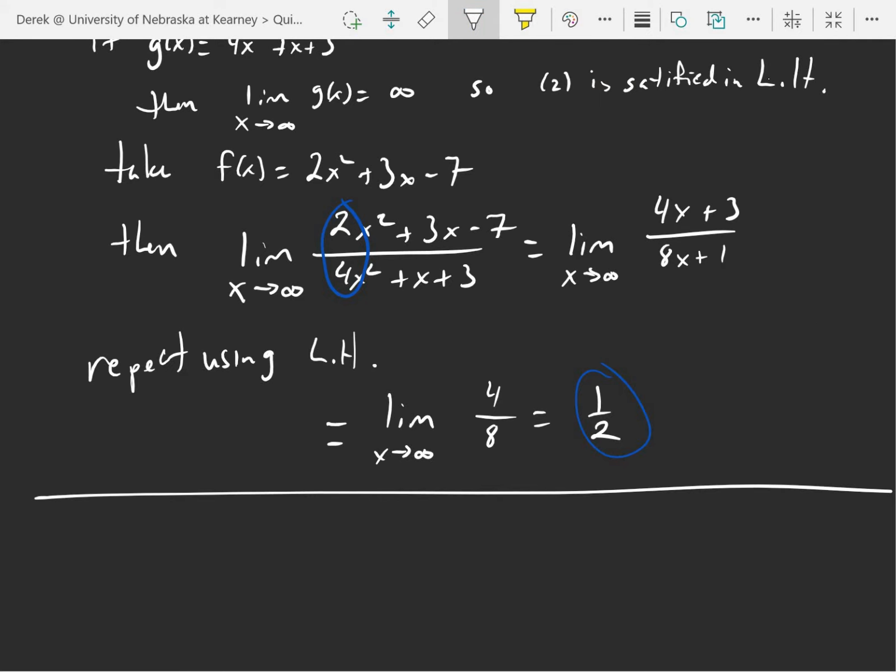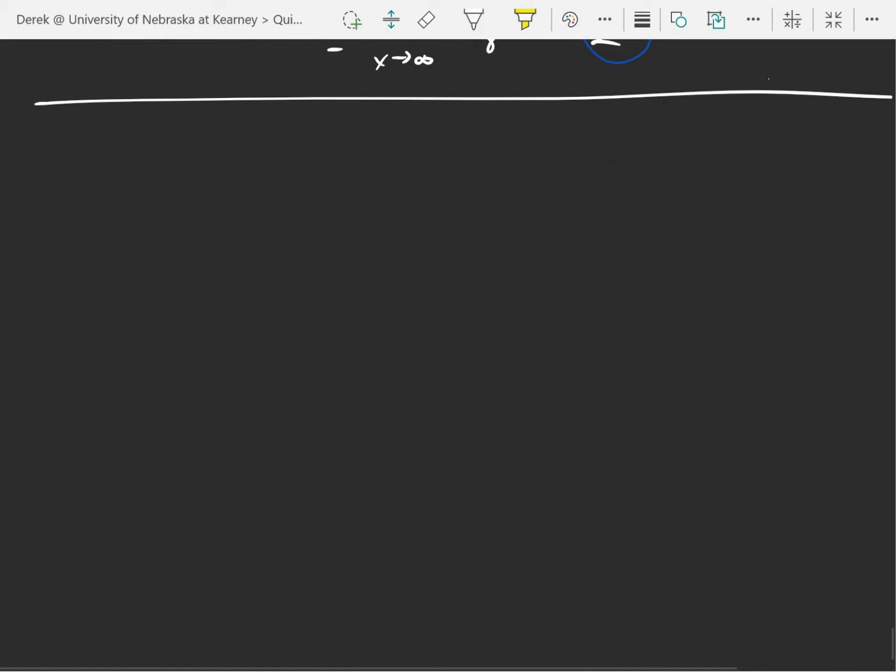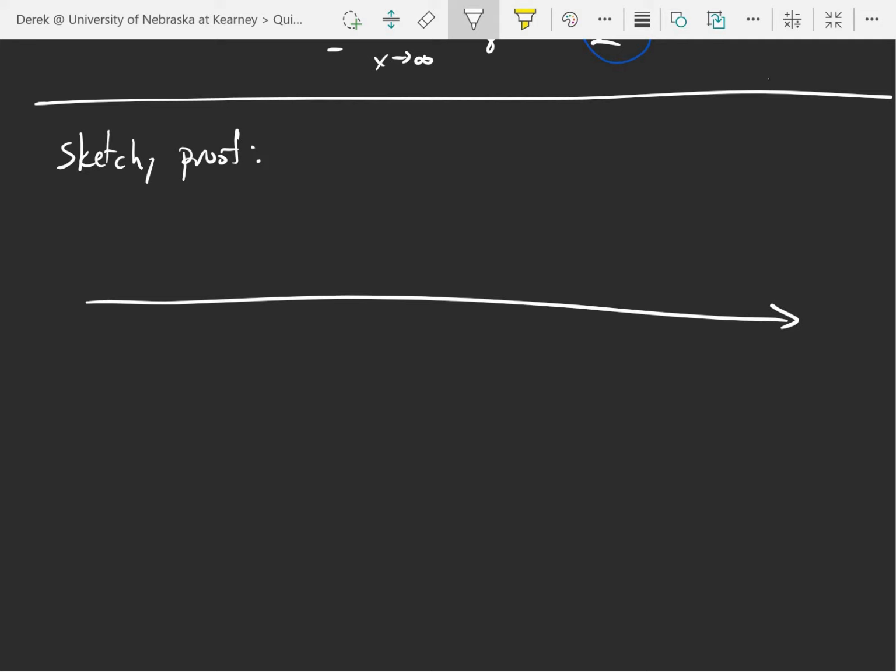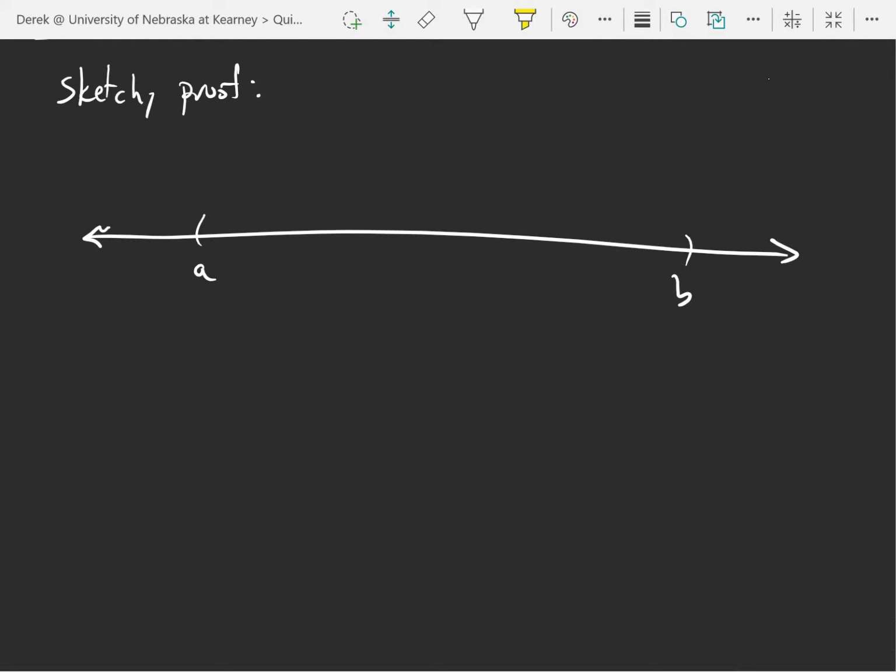Let's see, why is L'Hopital's rule true now? Sort of a sketchy proof. Okay, so I've got this number line, and I've got this endpoint a, which things are getting close to, and this endpoint's b. So let me look at the limit of f prime at x over g prime at x as x gets close to a.